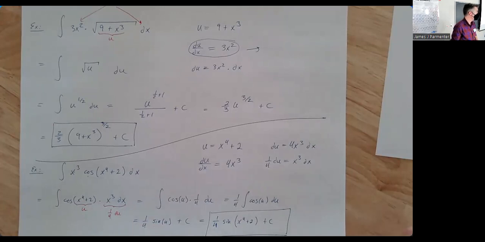So to find C, you just have to set x equal to 0. Right? No, we're not finding c at all. C is a constant. So what I think you're thinking of maybe is if you have an initial condition.